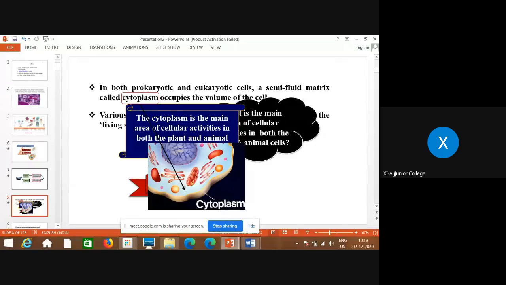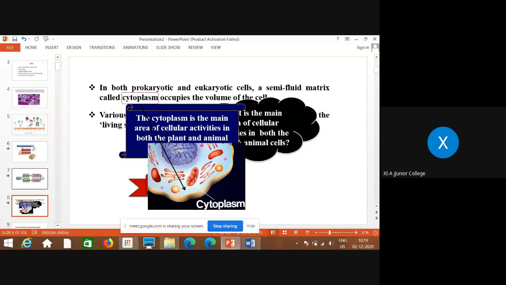Now, in both prokaryotic as well as eukaryotic cells, a semi-fluid matrix called cytoplasm is present, which occupies the maximum volume of the cell. So the cytoplasm is the main area of cellular activities in both plant and animal cells, as well as both prokaryotic and eukaryotic cells.